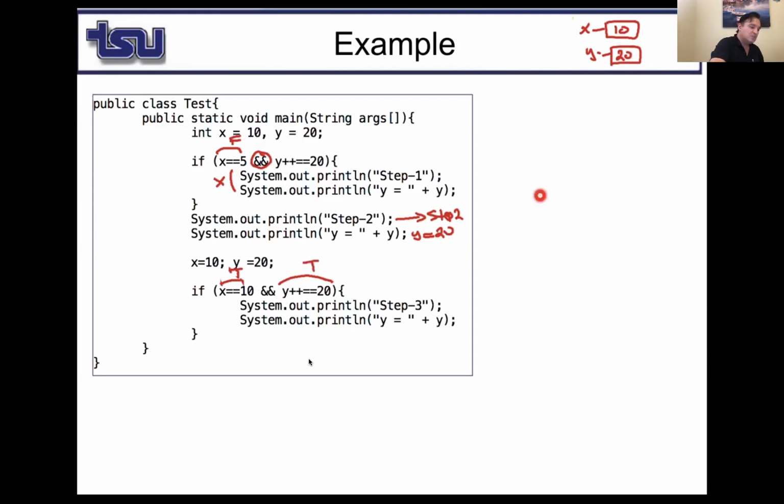Y becomes 21. Since this is true and true, the composite statement will be true. That means I'm going to get inside the for loop right here. So it's going to print step 3 and y is equal to 21.